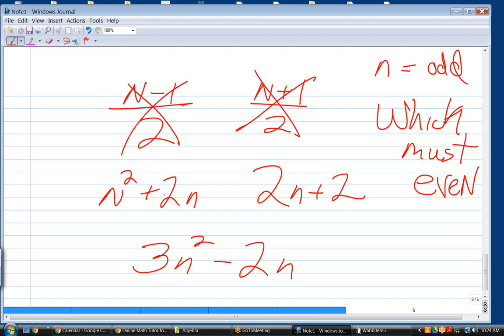Since both of these involve squaring, let's check this one. Pick a couple of odd numbers for that one and see what you get.